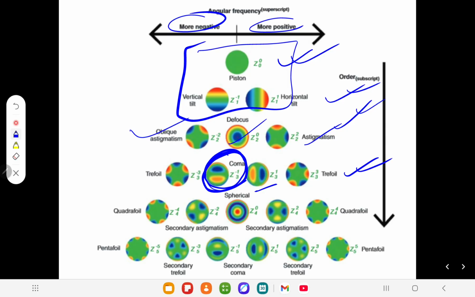Okay, 0, 1, 2 is low order aberration, 2 is a true low order aberration. From 3 onwards, 3 to infinity is high order aberration, and in 3 there is 3 positive 1 and 3 negative 1, horizontal coma and vertical coma. Basically vertical coma is the interest in keratoconus. That's the most interesting aberration in keratoconus.